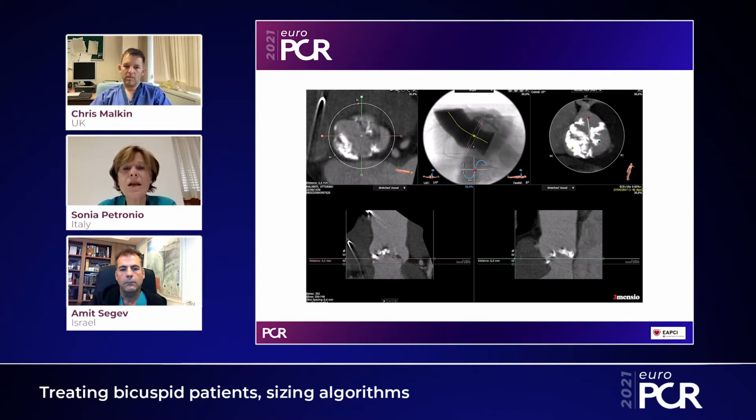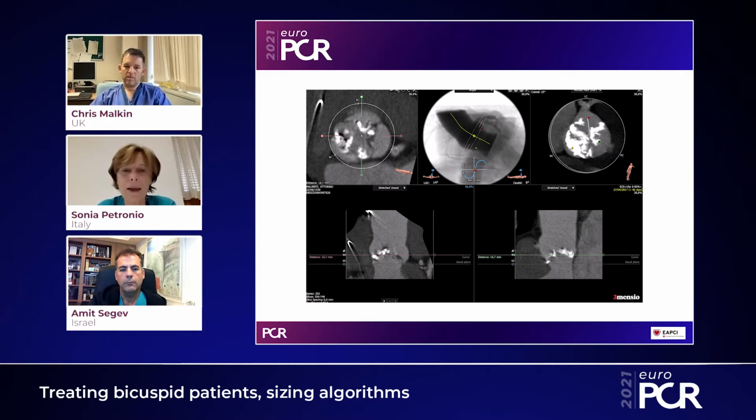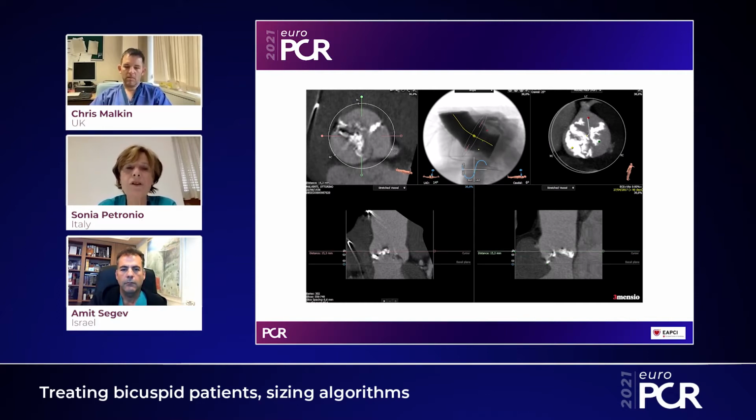Here we see the annulus measurement, which is something you really need to do. It's very wide, an off-label measurement of more than 30. If you go up through the sinus of Valsalva and the shape, you can analyze exactly the diameter on the intercommissural side.